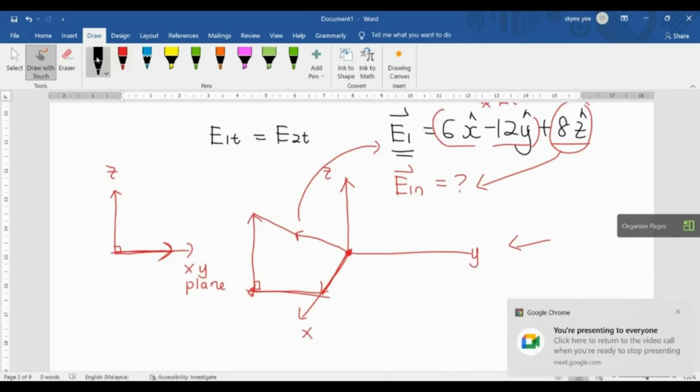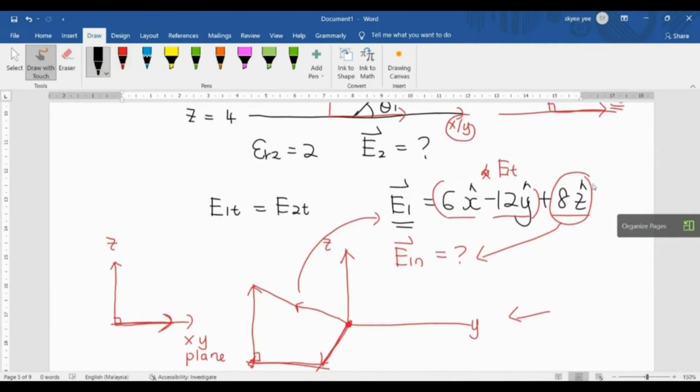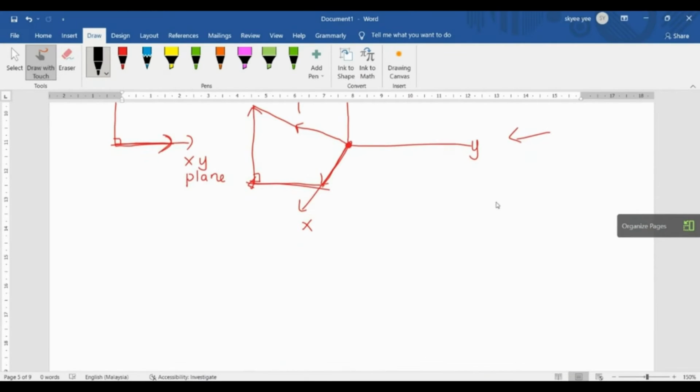So we already know what the tangential and normal components are. For the tangential, it will be this one, 6x minus 12y. So E1 tangential will be 6x minus 12y.